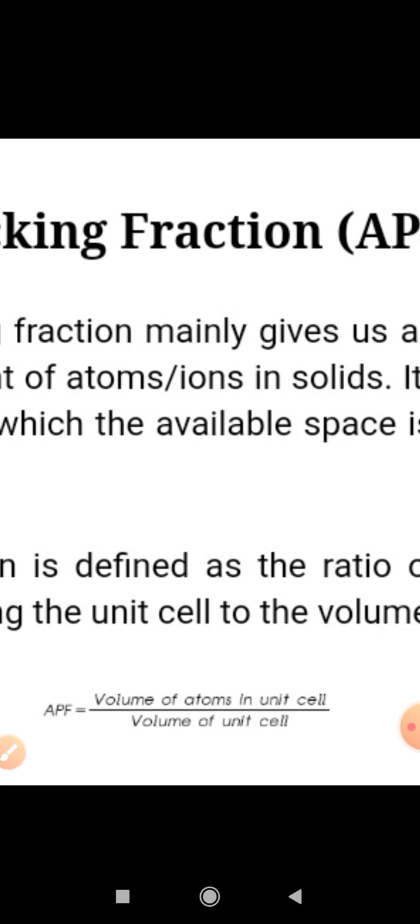That means if we calculate the volume of atoms in the unit cell and the volume of the unit cell and take the ratio, it will be the packing fraction. For that, firstly we have to calculate the number of atoms present in the unit cell.